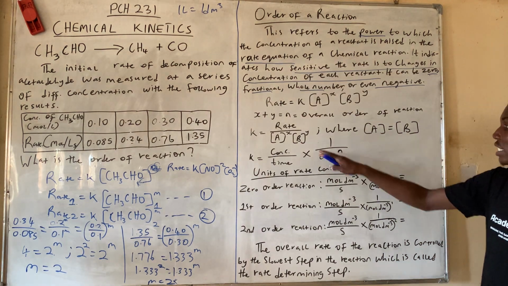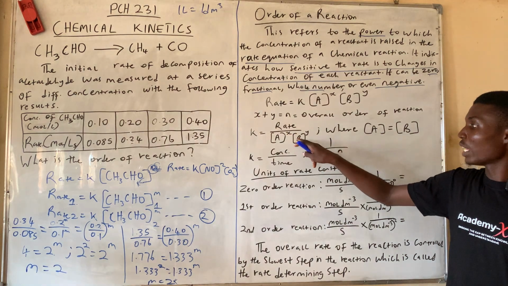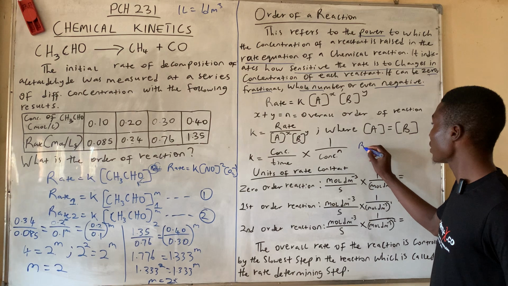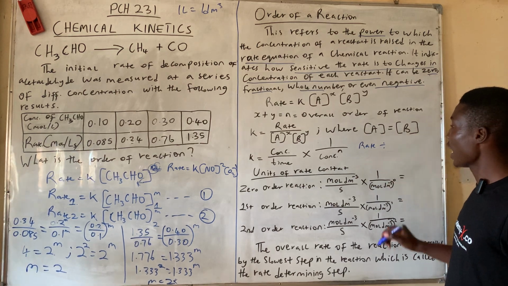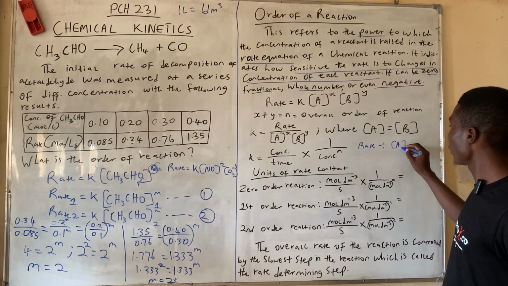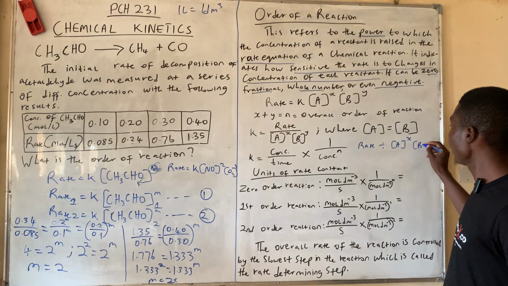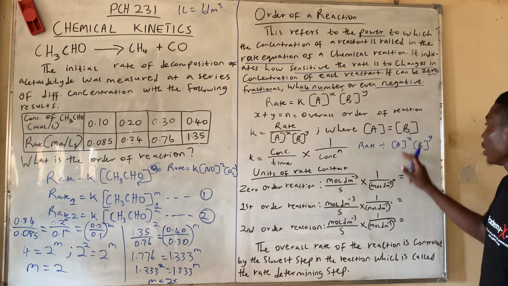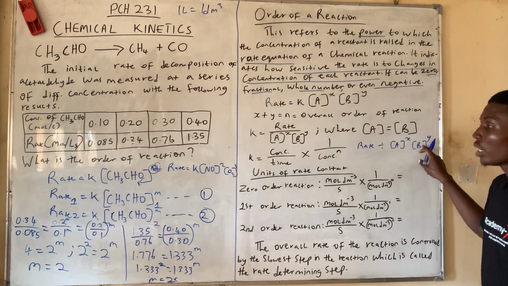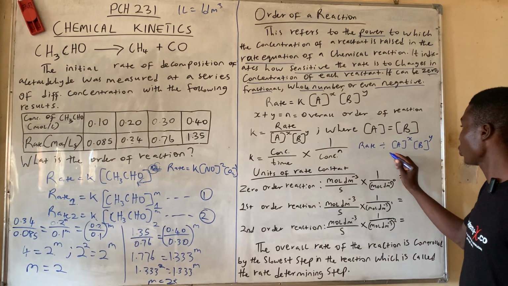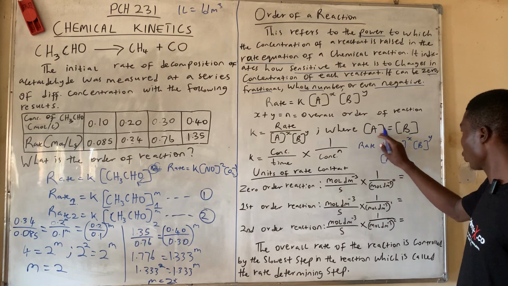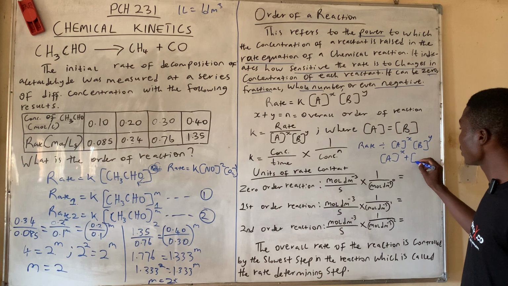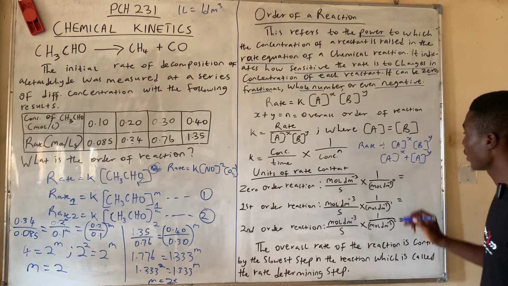I want to believe that you understand exactly what I explained here. Rate over this. Now let me just break it down. So this is rate divided by [A] raised to the power of x, [B] raised to the power of y. That's what we have there. And we said that if A is equal to B, this particular expression can be written as A raised to the power of x times A raised to the power of y.